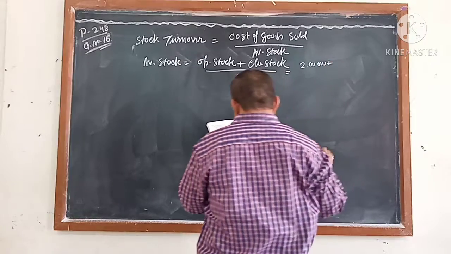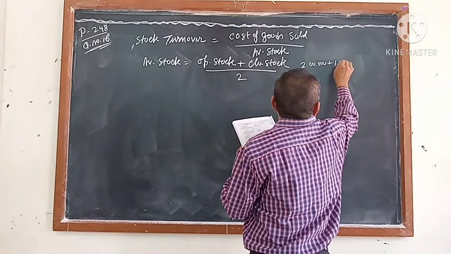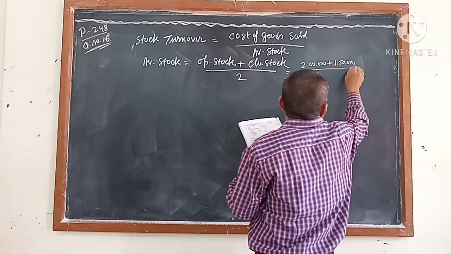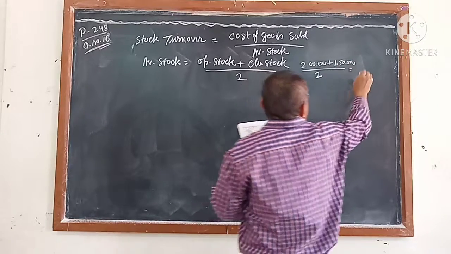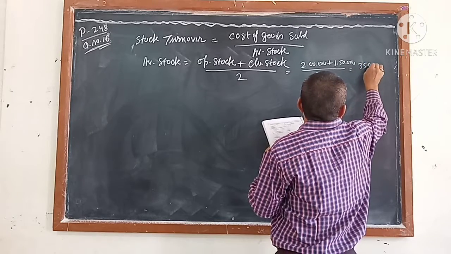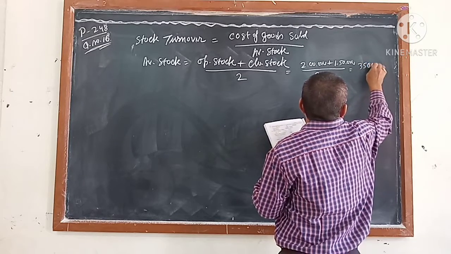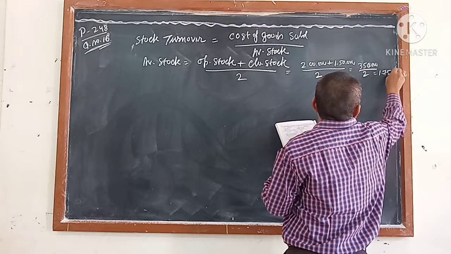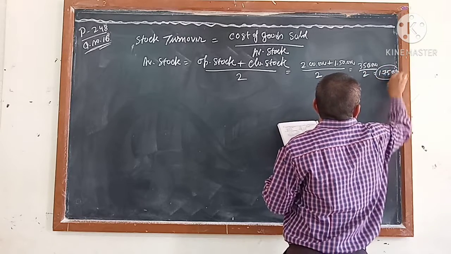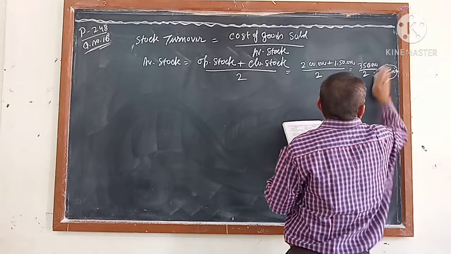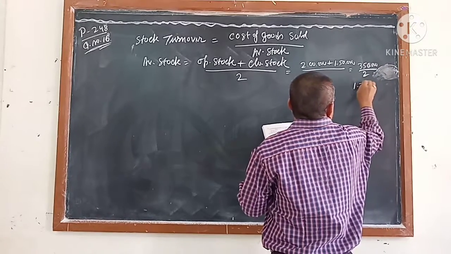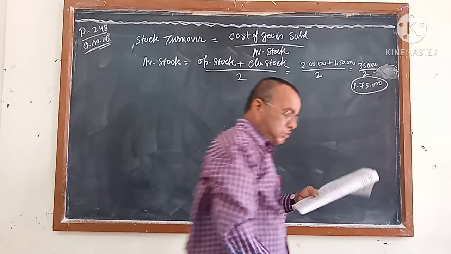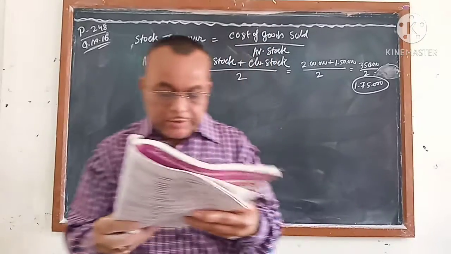And closing stock, how much is given? 150. 2 lakh plus 150 divided by 2, which is coming 350. 3 lakh 50,000 divided by 2 is equal to 1 lakh 75,000. I am writing this here. You understand? 1 lakh 75,000 is your average stock.